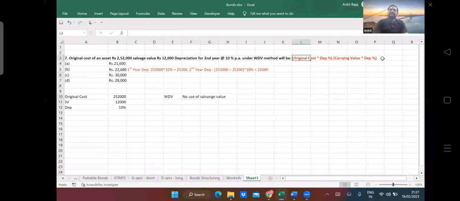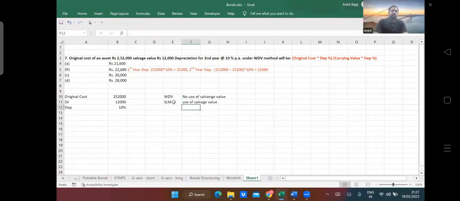Original cost, or carrying value, into depreciation rate. We won't be reducing salvage value. In WDV method, there will be no use of salvage value, but in case of SLM method, there will be use of salvage value. So this is the difference between these two formulas: the use of salvage value.